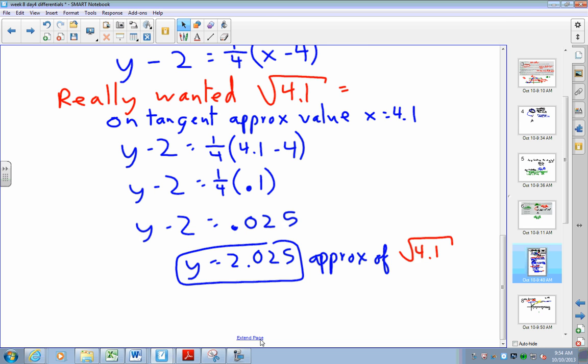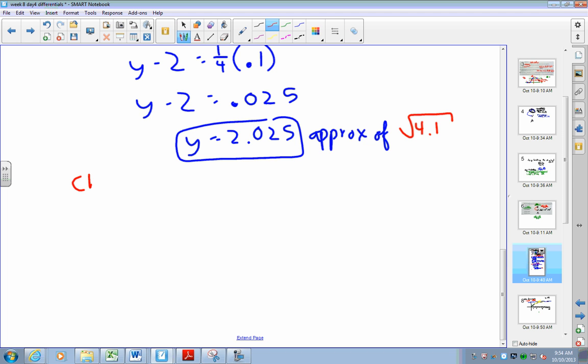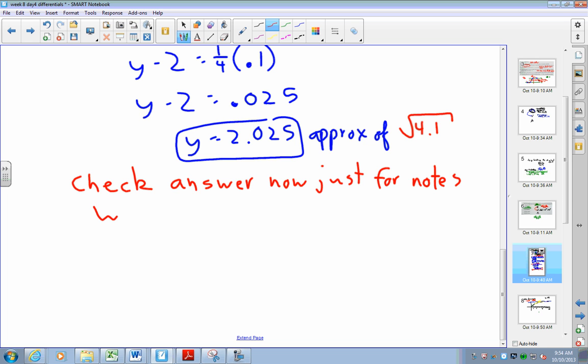Okay, let's just check. What's the square root of 4.1?